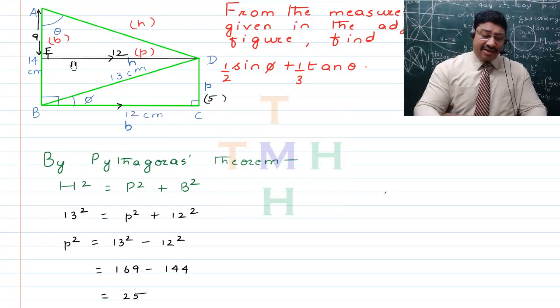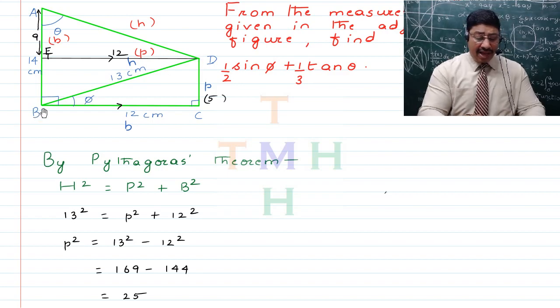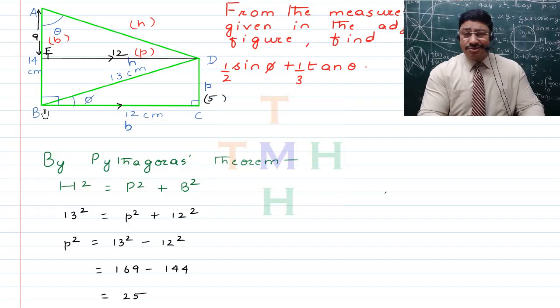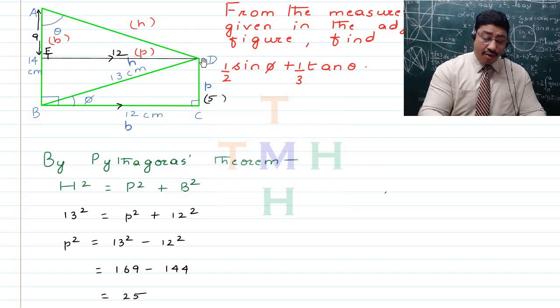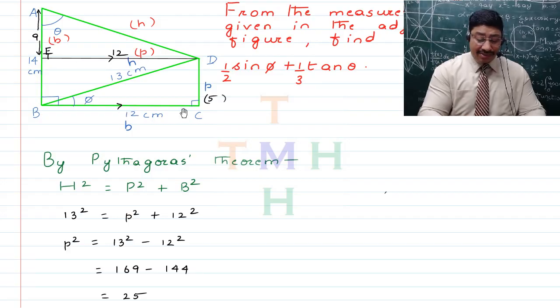Now for tan theta, we look up, now we have this length, and this length, which can probably form a triangle, but that's not a right angle triangle. So as we require a right angle triangle, that can be formed by dropping a perpendicular from the vertex D on the side AB, right? And when we do so, we get a line which is parallel to BC, and as perpendicular to BC are the sides BA and CD.